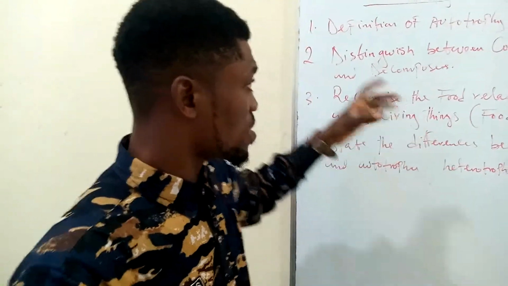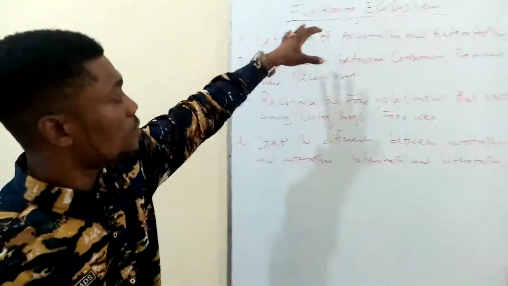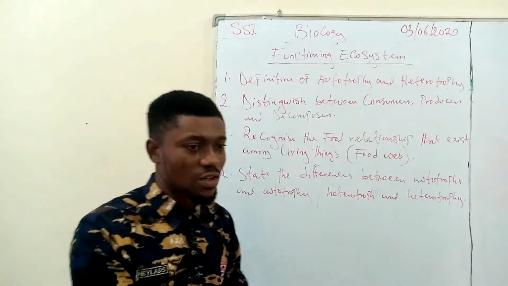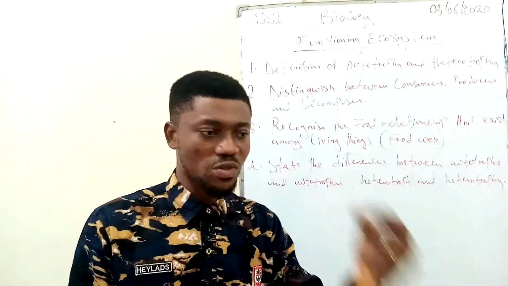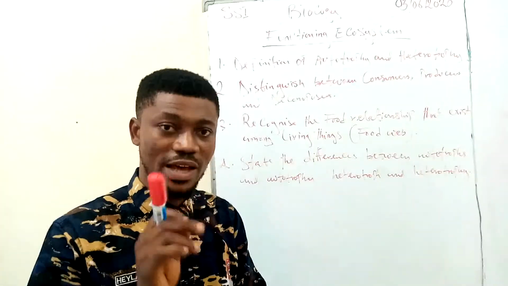Now, during the course of this lesson, I'm going to give you definitions that you're going to write down. If you're talking about functioning ecosystem, it means a biological environment consisting of organisms. When we're talking about organisms, remember we're talking about plants and animals.